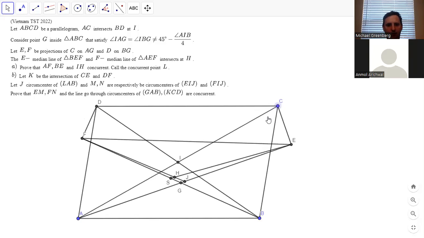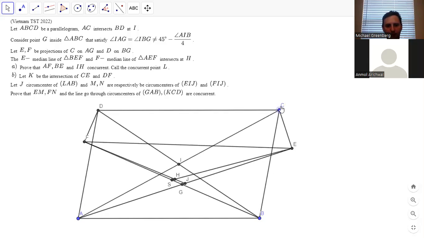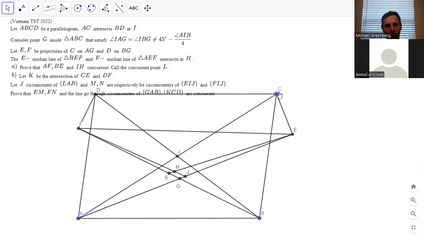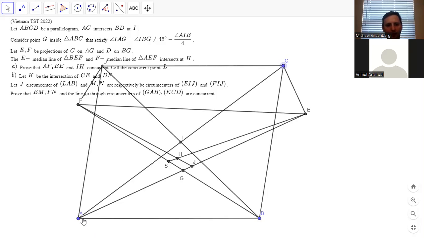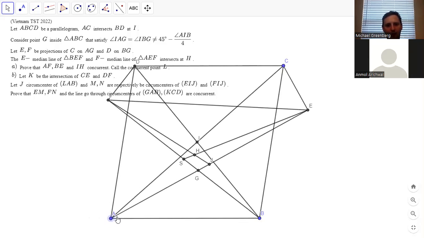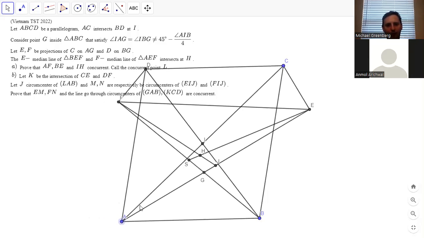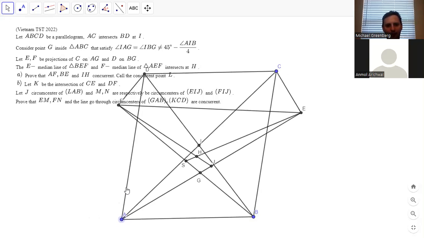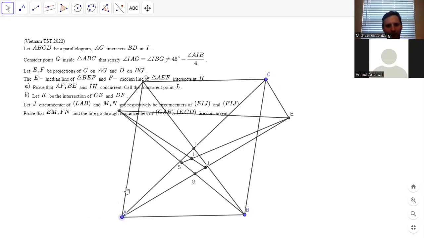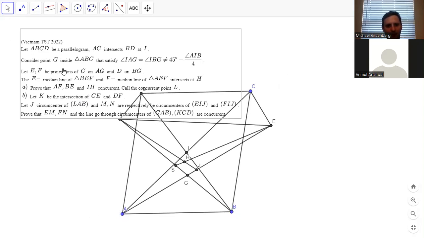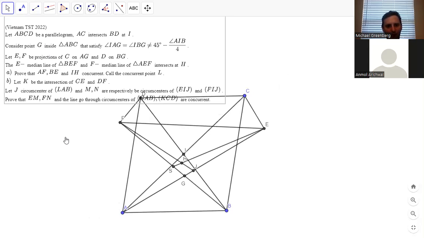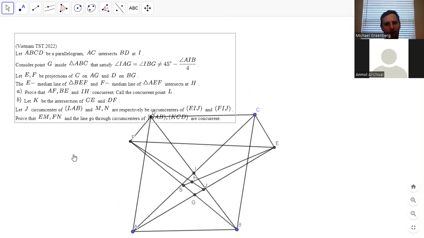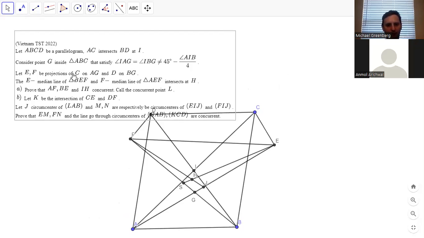Just going to try to make a nice diagram. Maybe a tall parallelogram is much better for this, I feel like. And it's hard to do because the problem statement is kind of long, but yeah, that looks much better, I feel like.